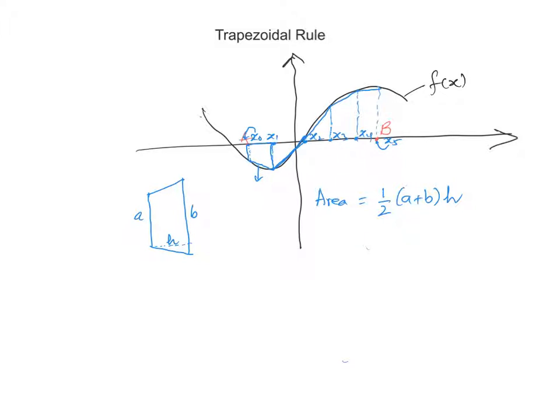Then, for example, the area of this trapezium is given by, and let us suppose that the common width here is equal to h. This length will be f of x0, and this will be f of x1. So this area will be given by 1/2 h times (f(x0) plus f(x1)).